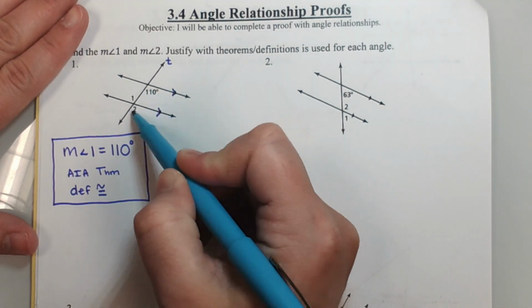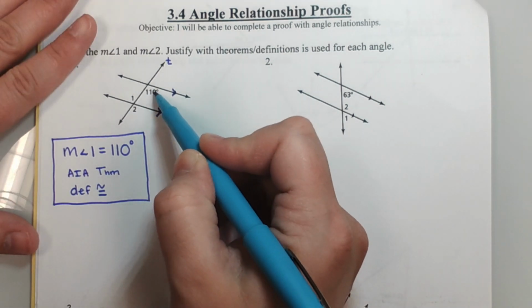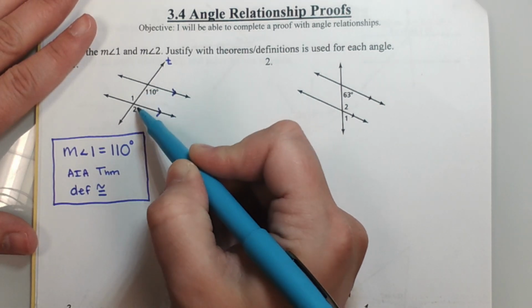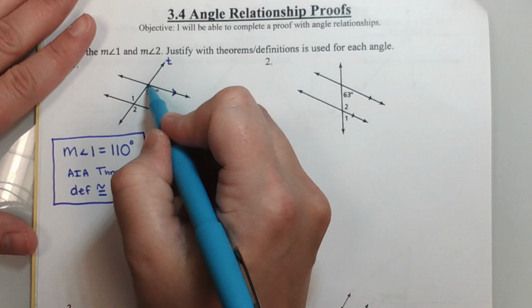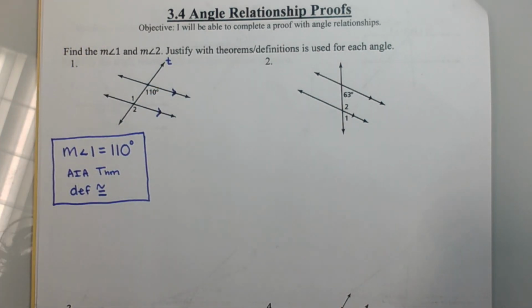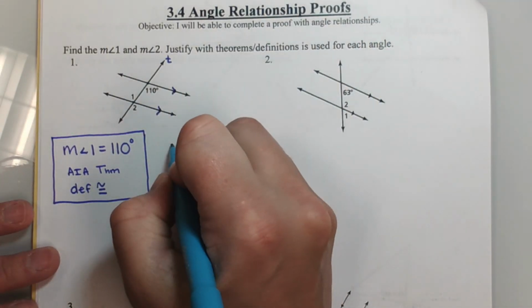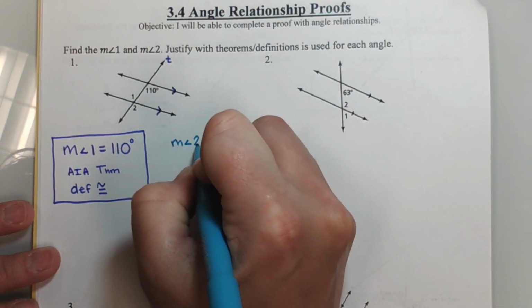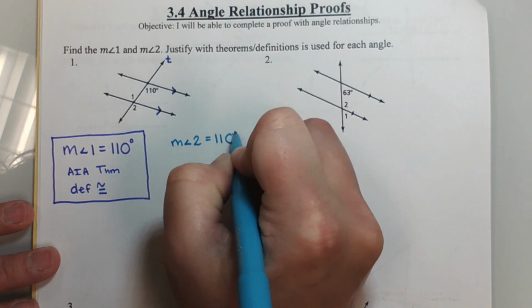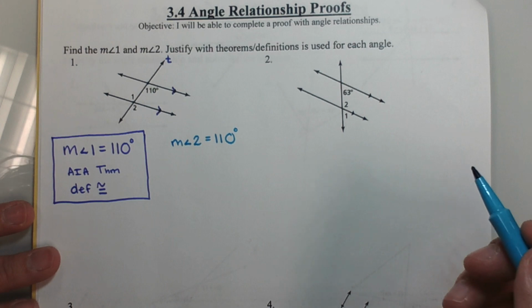So, if I were to pair up these two, again, I have the parallel lines. They're on the same side of the transversal. One's interior, one's exterior, but they're not sharing a vertex. That is corresponding angles. And corresponding angles are also congruent, which means the measure of angle 2 is also 110 degrees. Now, don't get ahead of yourself and just assume that they're all the same measure.